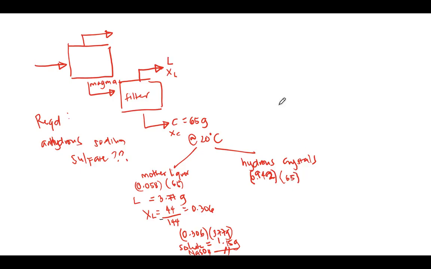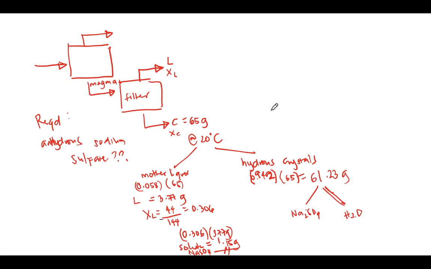That is our hydrous crystals. This is equal to 61.23 grams of hydrous. But what is being asked is the anhydrous. So this still has the anhydrous sodium sulfate, Na2SO4, and you have your water because it is hydrous.